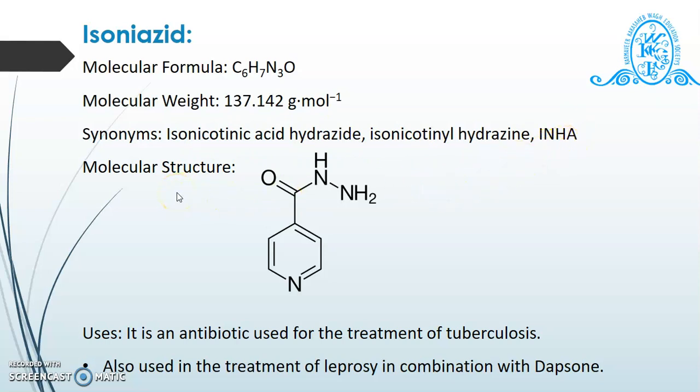The molecular structure you can see on screen. This drug is used as an antibiotic in the treatment of tuberculosis, and in combination with dapsone it is also used in the treatment of leprosy. So these are the uses and monograph of isoniazide.